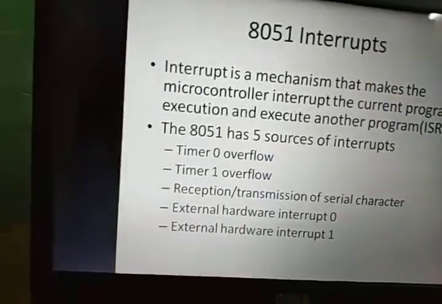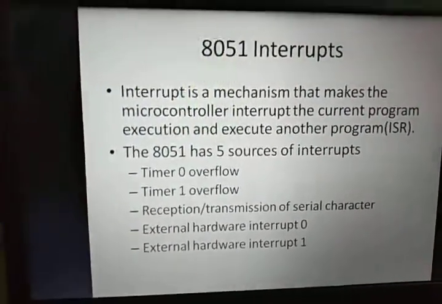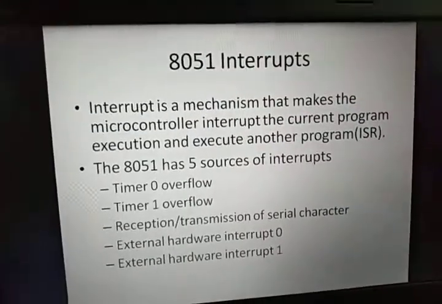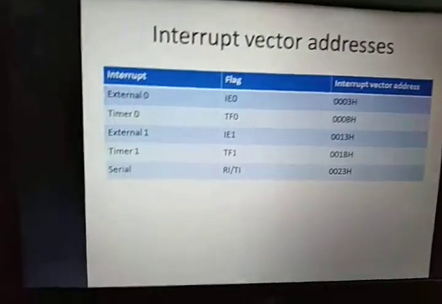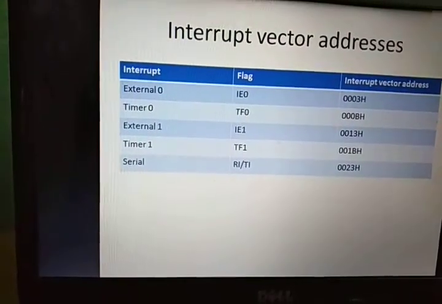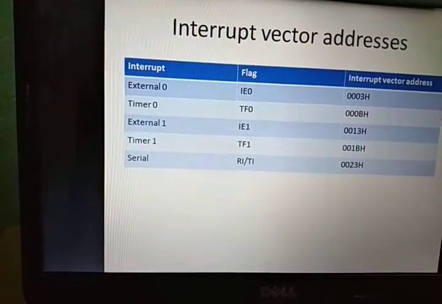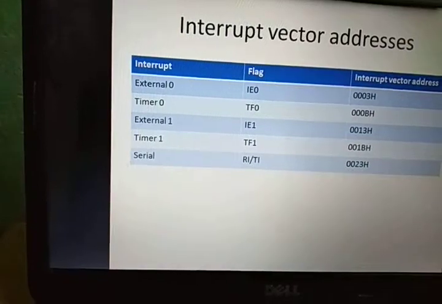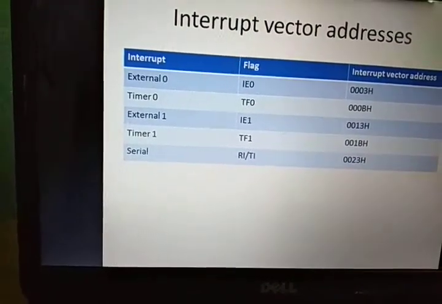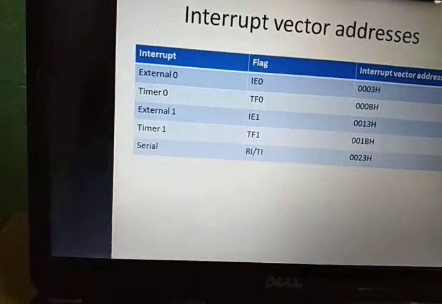So as in the microprocessor 8086, here also the interrupt service routines are predefined and the vector addresses are given as follows. The external interrupt 0 has the flag value IE0, and timer 0 has TF0, external interrupt 1 has IE1, timer 1 has TF1, and the serial interrupt is enabled or disabled by receive interrupt or transmit interrupt.